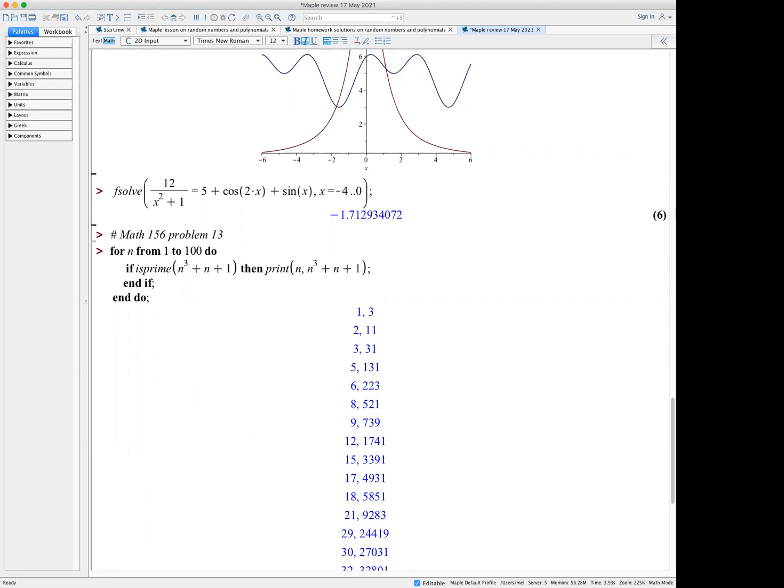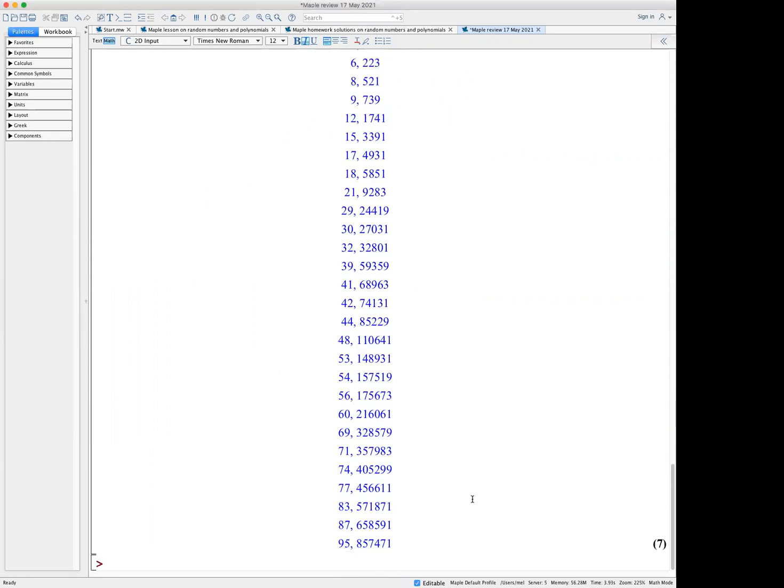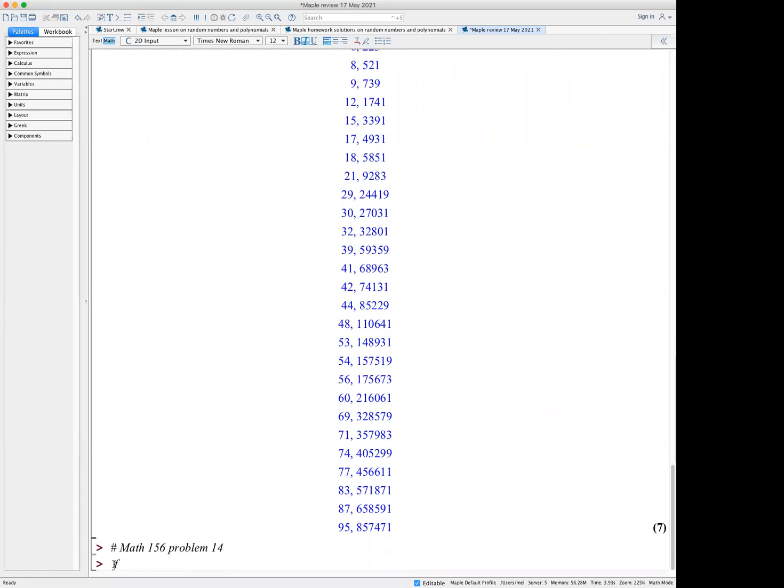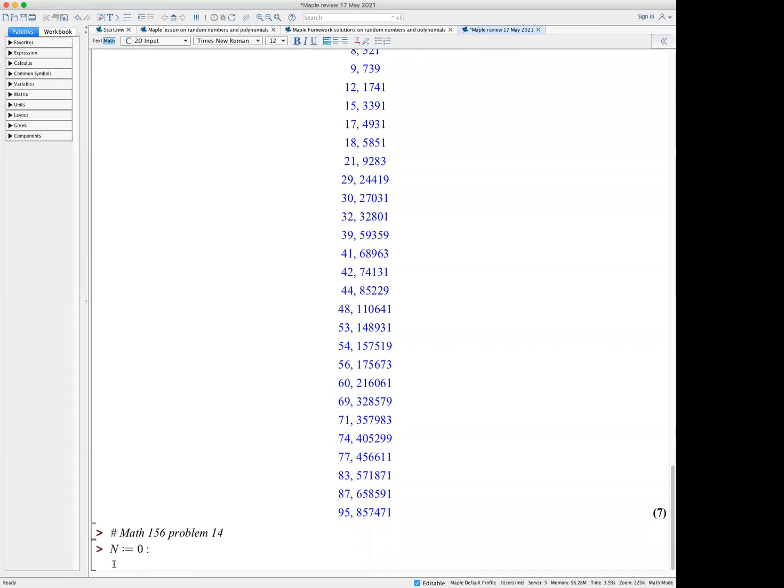For 14, yeah, that's more interesting. So let's look at that. This is Math 156, problem 14. I want to fix this number capital N, which is going to count the number of primes of this sort.